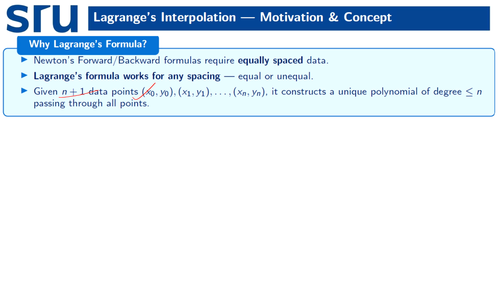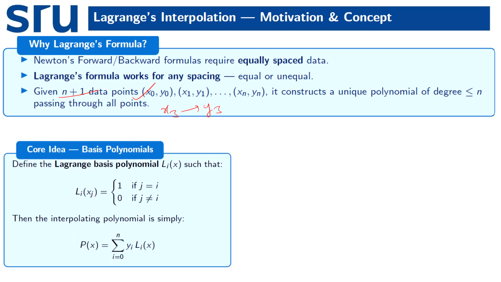The total number of data points is n plus 1. Each xi has a corresponding value yi. So if the value of x3 is there, the corresponding value is y3. Our goal is to construct a polynomial that passes exactly through all these given points.